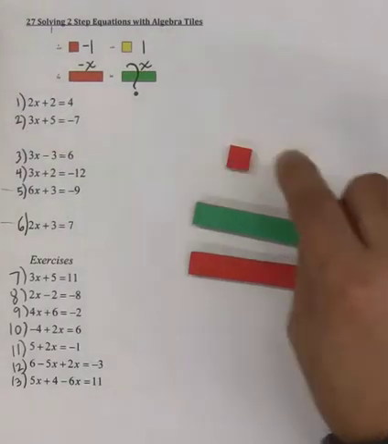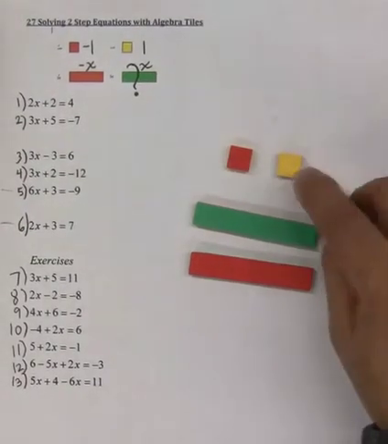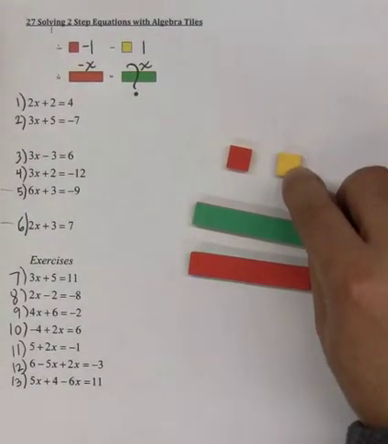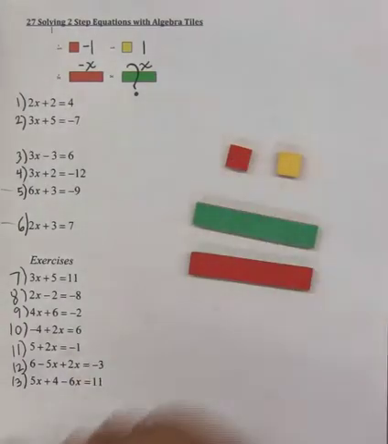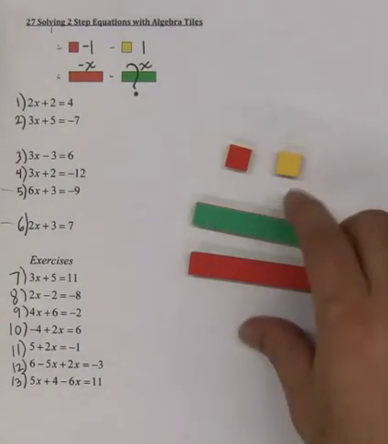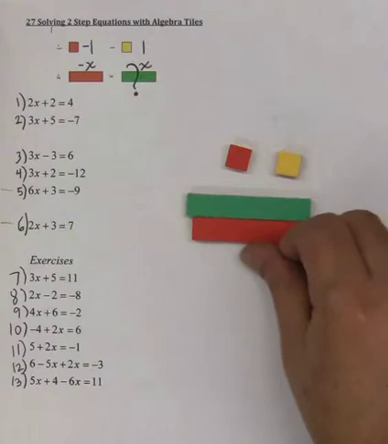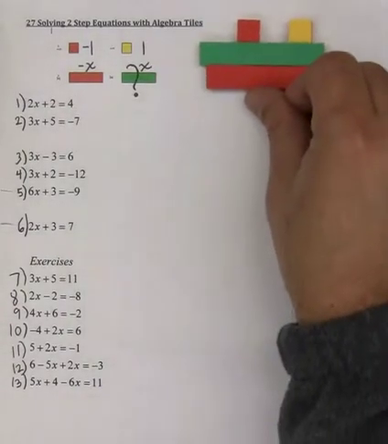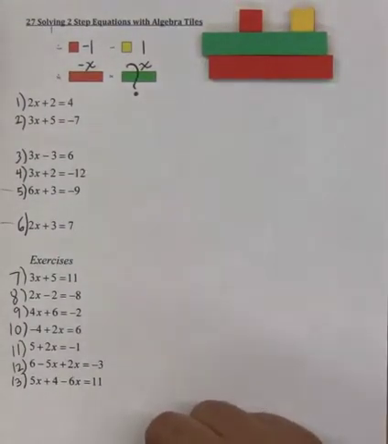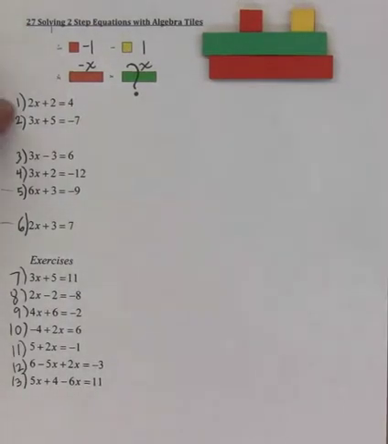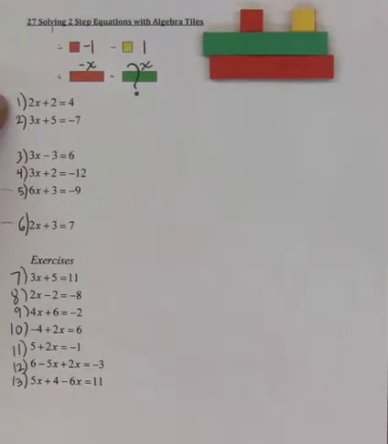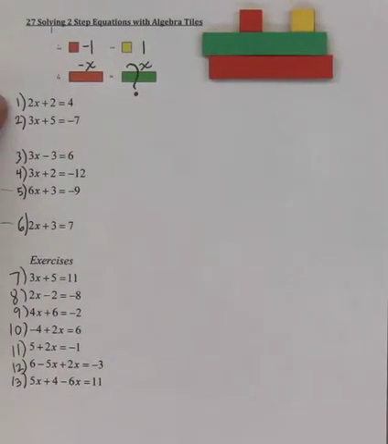The squares are the units. This is positive 1 and this is negative 1. So we're going to be using this to represent expressions and to solve them. The first problem says 2x plus 2 equals 4.